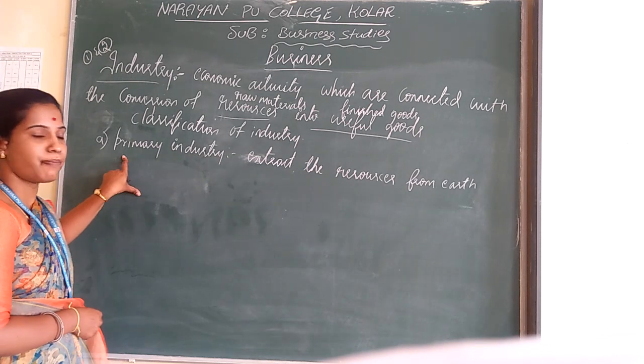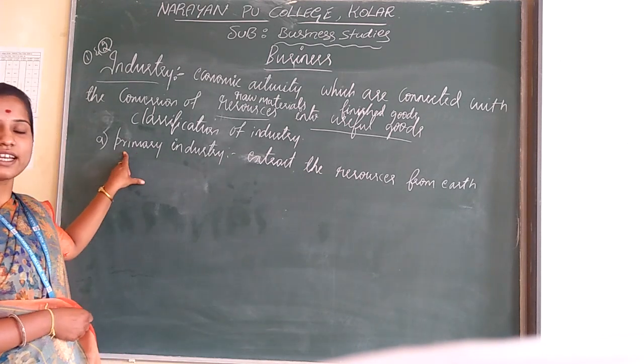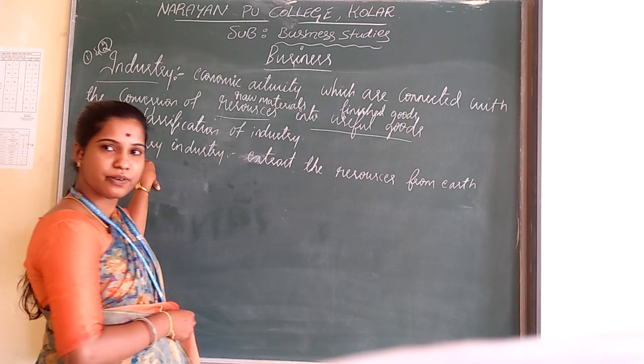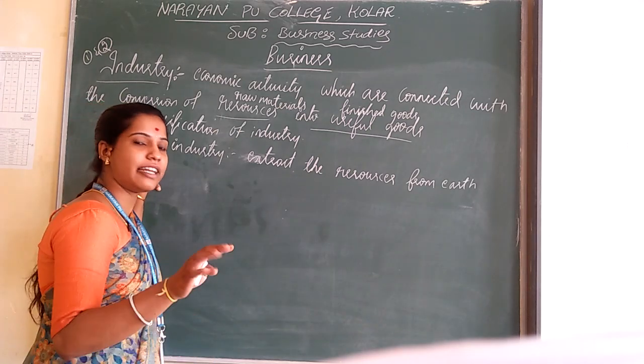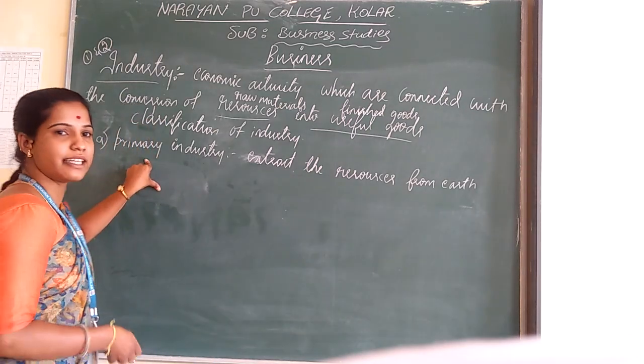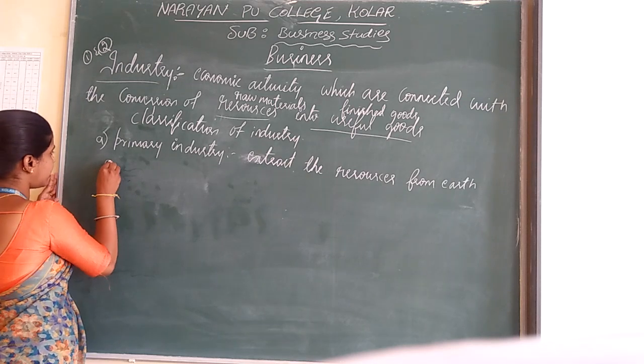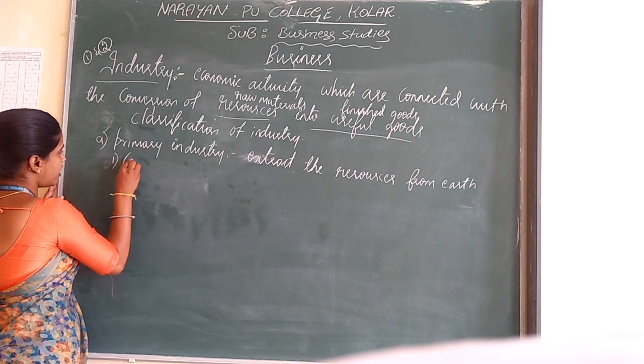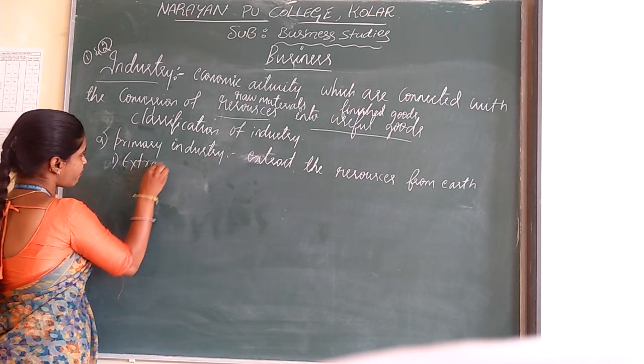Next one is primary industry. The primary industry can be broadly classified into two types. The first one is extractive industry.